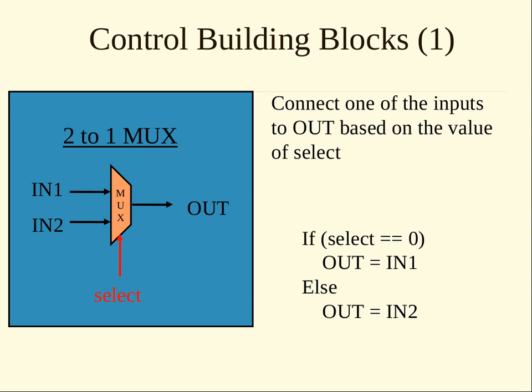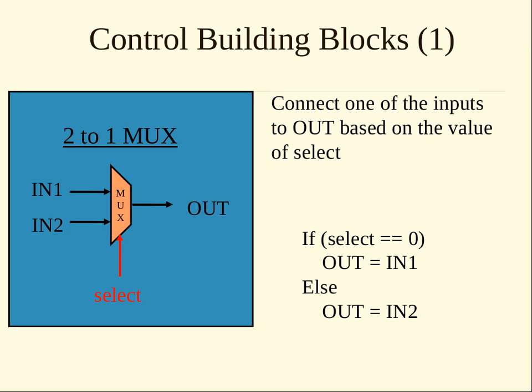So a mux connects one of the inputs to the output based on the value selected. So there's the if. If select is 0, then the out is in 1. Let's say select was 0, in 1 was 1, and in 2 is 0.